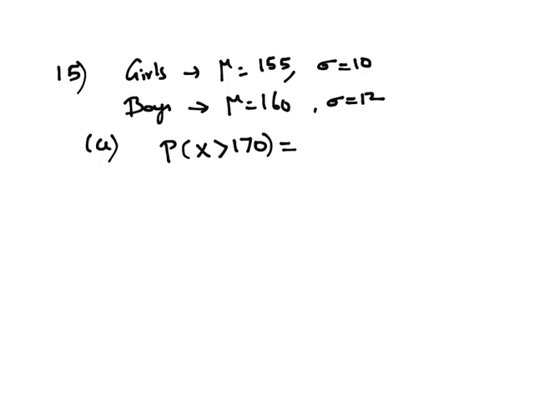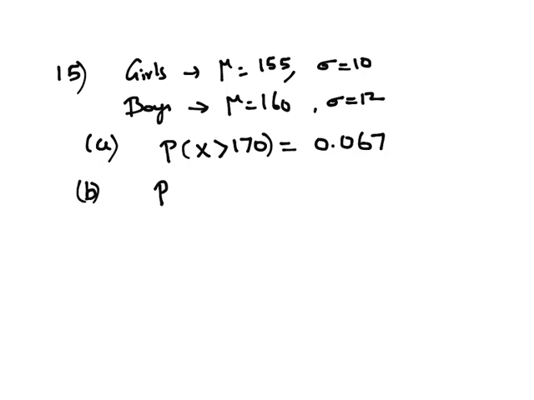Now lower limit is 170, upper limit is 10,000, sigma is 10, mu is 155. So it is 0.067.